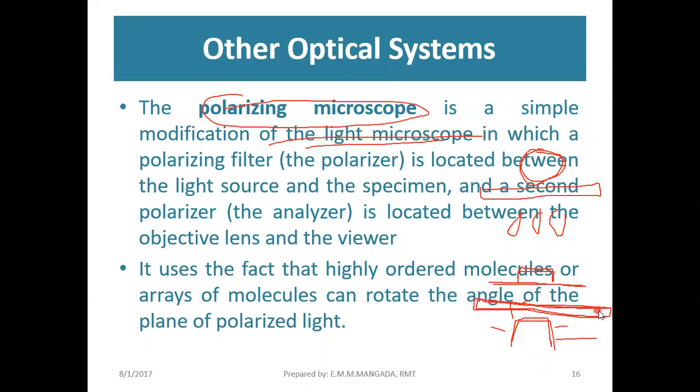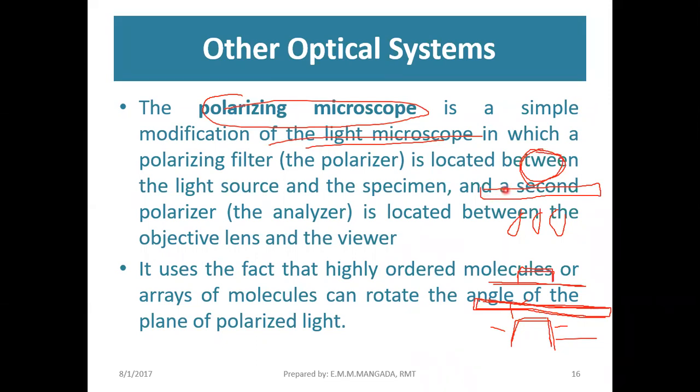The polarizing filter is actually placed between the light source and that of the specimen or nung stage natin. Okay? And another filter is added and that's what we call the analyzer. The analyzer naman is placed between your objective lens and that of the ocular. So ito siya. Okay? So yun yung modification nung ating polarizing microscope.